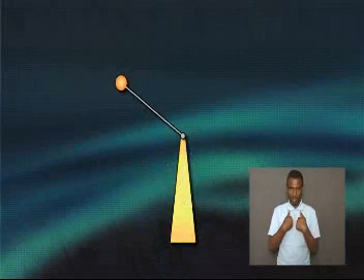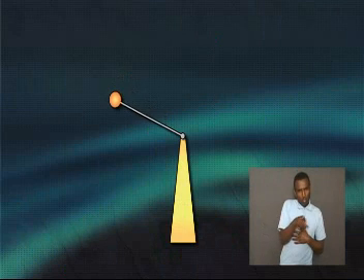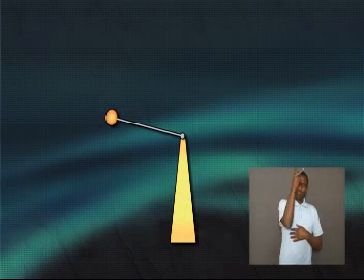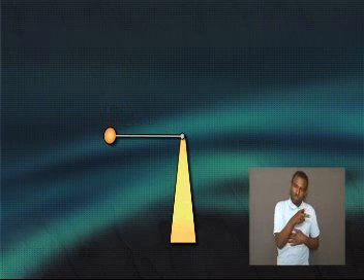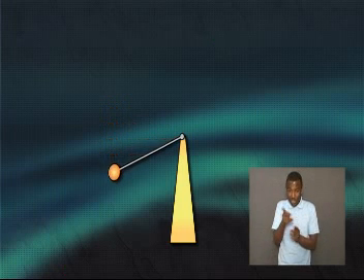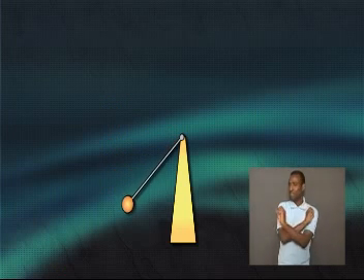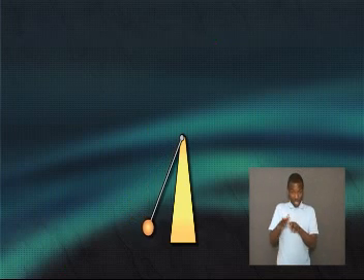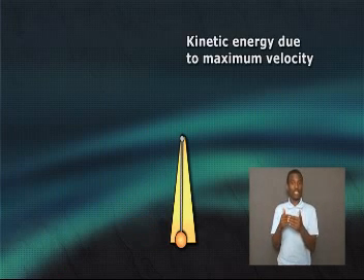When the pendulum is passing through the equilibrium position in a downswing, it has no potential energy. However, it is moving at maximum velocity, and it has kinetic energy.